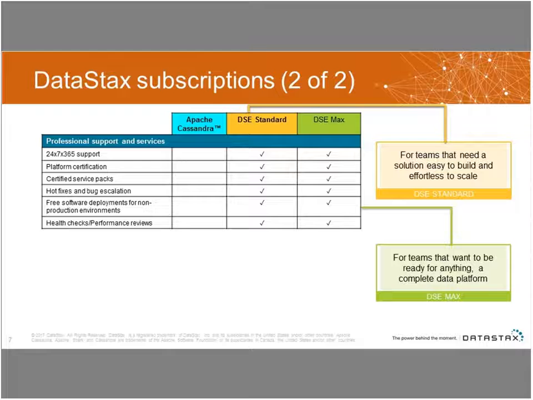Platform certification, so you have the enterprise-grade, heavily tested version of Apache Cassandra. Hot fixes, bug escalation, that's all available, again, via support only on DataStax Enterprise. And you get free software for deployments of non-production environments. And then, of course, health checks and performance reviews as well, available only for DataStax Enterprise.